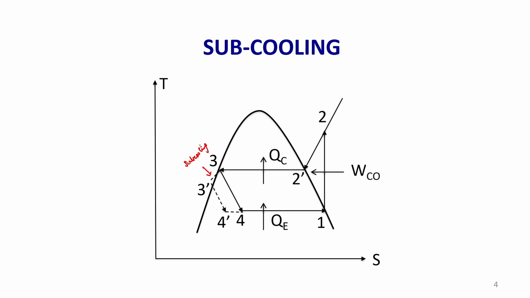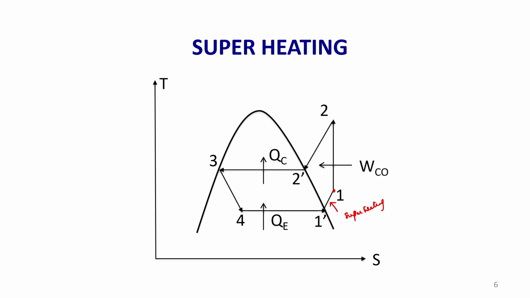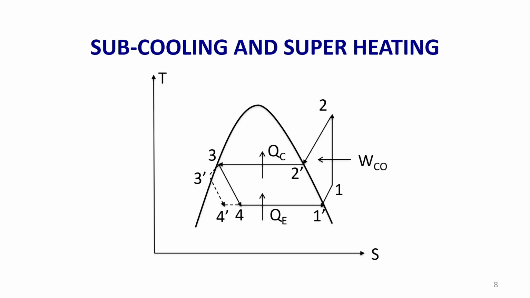So, in the first process only subcooling is employed, in the second one superheating, and in the third one subcooling and superheating. So, this is superheating and this is subcooling in the same process.